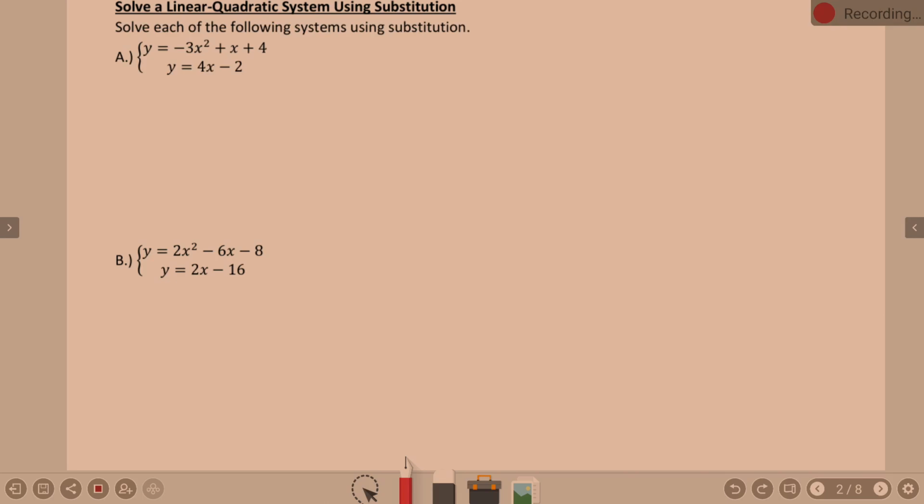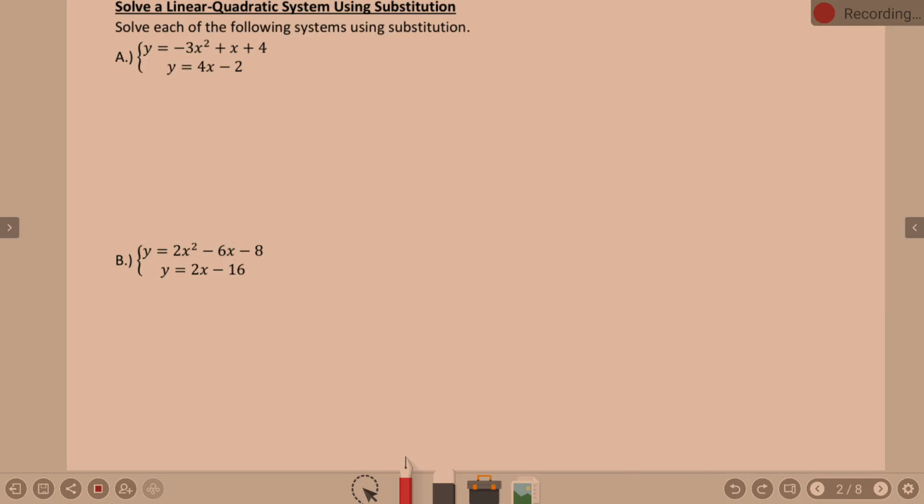So if you recall substitution, how it works. You need one equation that is either solved for x equals or y equals. Well, what do we have here? We have two equations solved for y equals, right? And if you recall, the idea was once you have an equation solved for x equals or y equals, you take that equation and you plug it into the other equation for whatever it is.